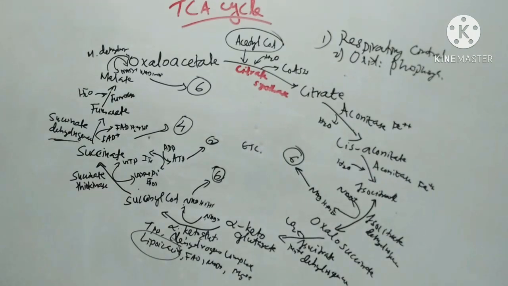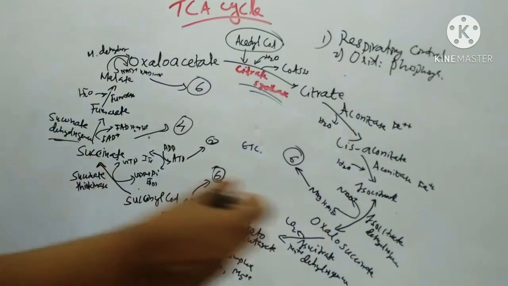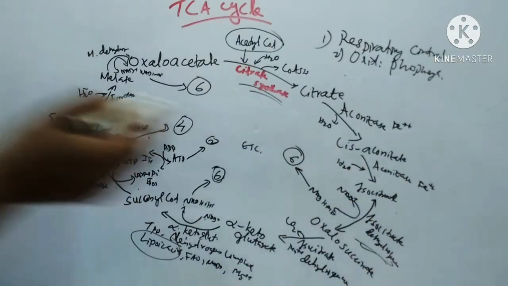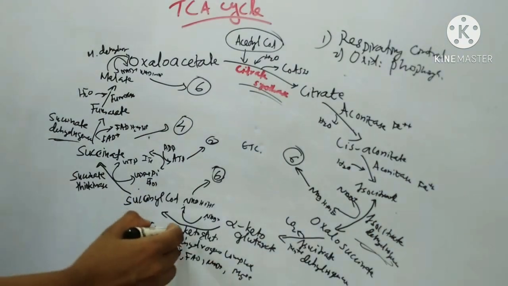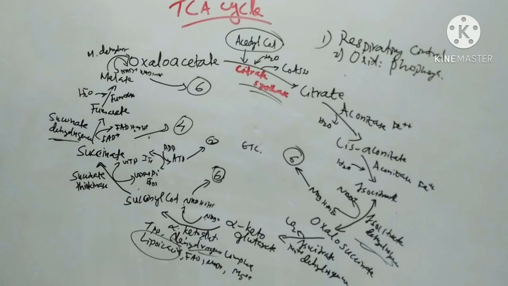The second one is that several enzymes of the TCA cycle are important in the regulation. The 3 key enzymes are citrate synthase, isocitrate dehydrogenase, and the alpha-ketoglutarate dehydrogenase complex. These enzymes respond to the energy status as expressed by the ATP-ADP ratio and NADH-NAD plus ratio.